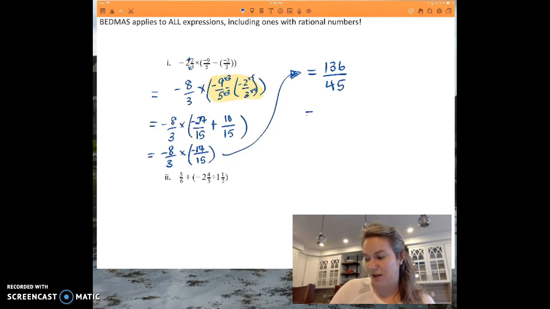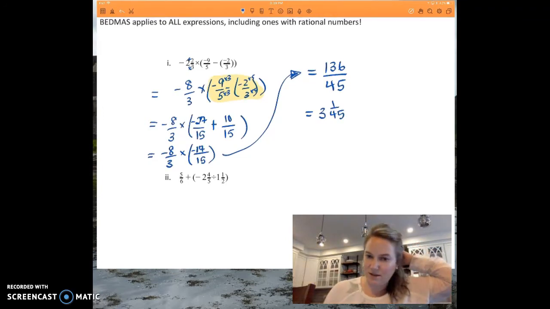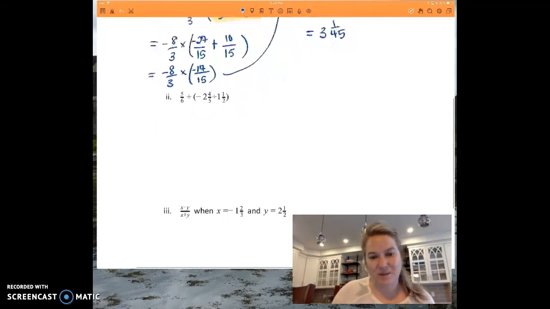As I said, it's going to be positive. So 136/45 is going to reduce to 3 and 1/45. So that's going to be your final answer. On to the next example.